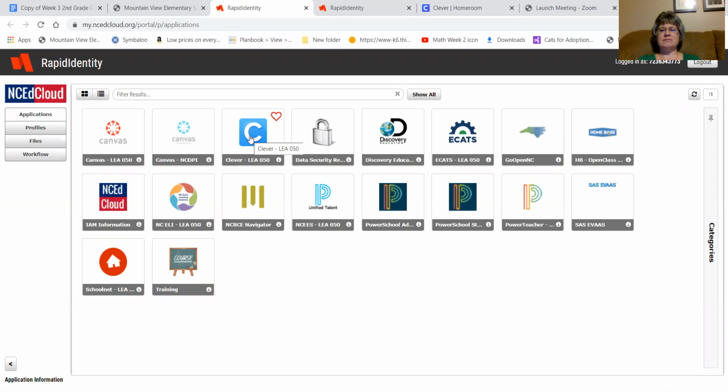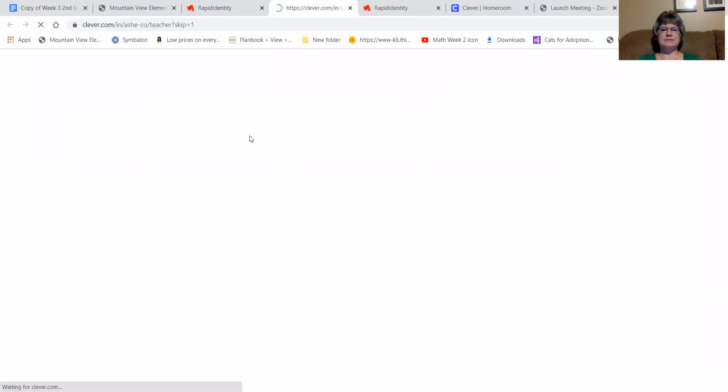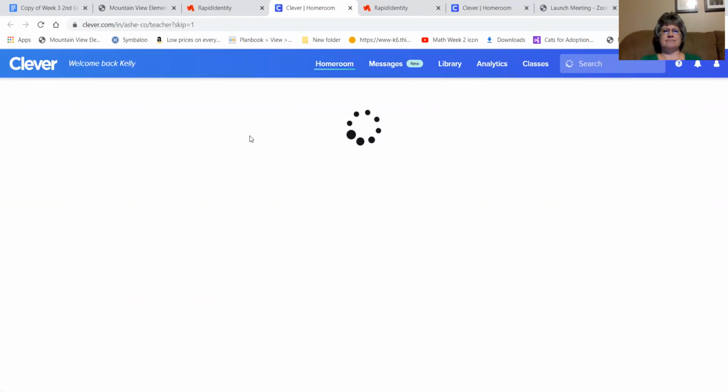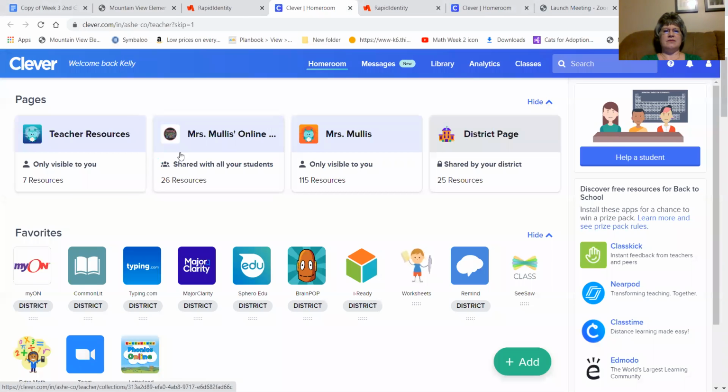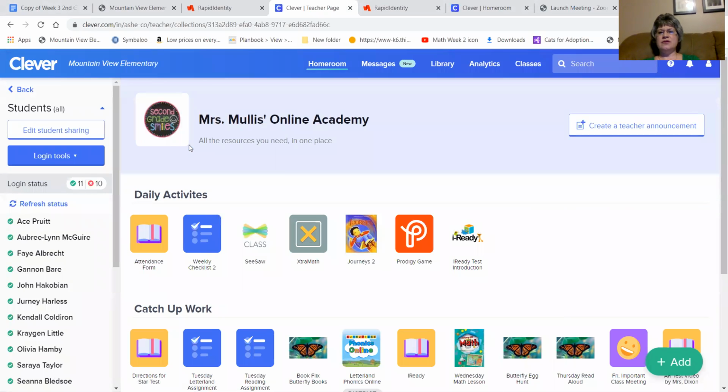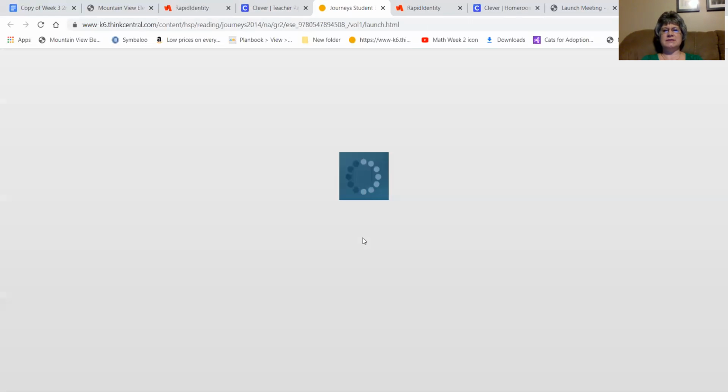Go to Clever. Okay, so we're going to click on our online academy. And to do our reading lesson this week, we will still be using our Journeys 2 book. We'll click on our Journeys.